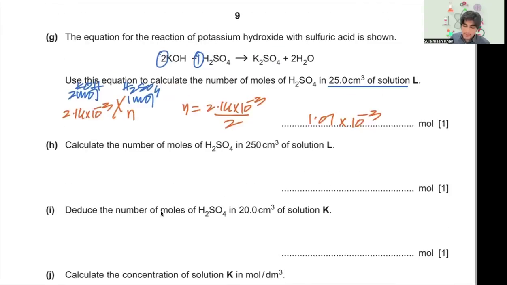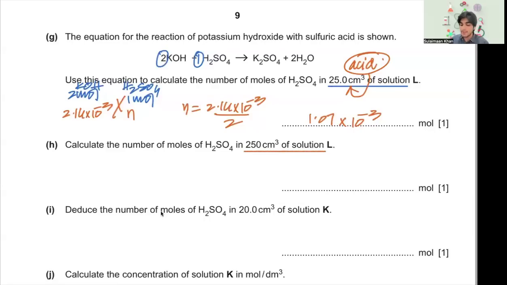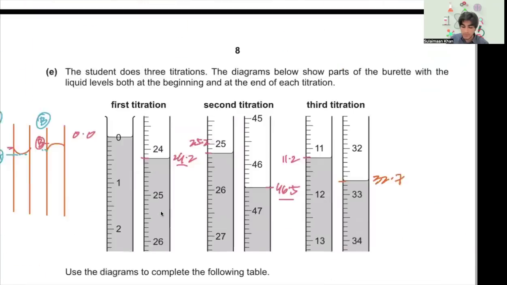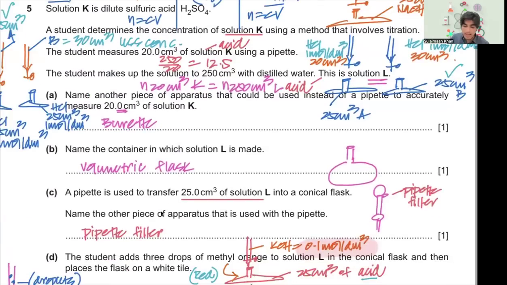Now, remember, these are the moles of acid in how much volume of acid? These are the moles of acid in 25 cm cube of acid. So when he asks you to calculate the moles of acid in 250 cm cube of L, don't confuse this with the first concept. Initially, I told you that 20 cm cube of K will have the same moles as there are in 250 cm cube of distilled water, because the only thing that you did was add water.